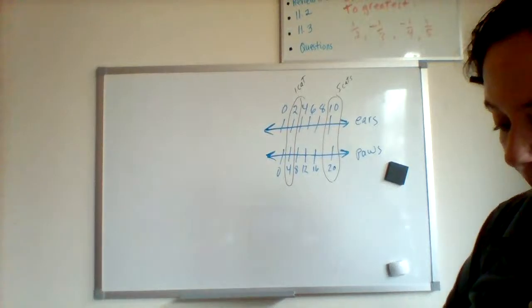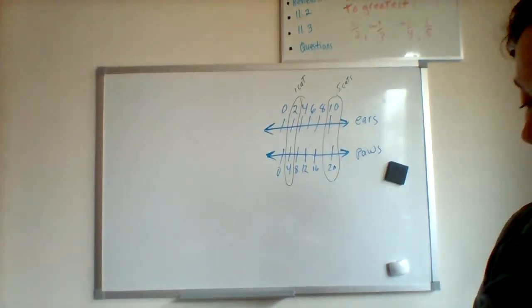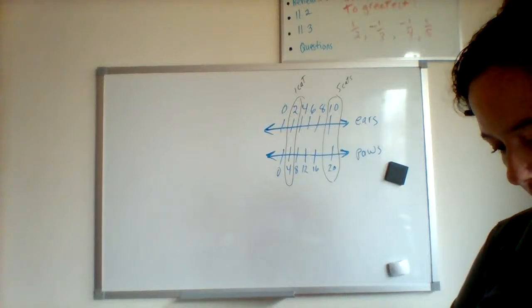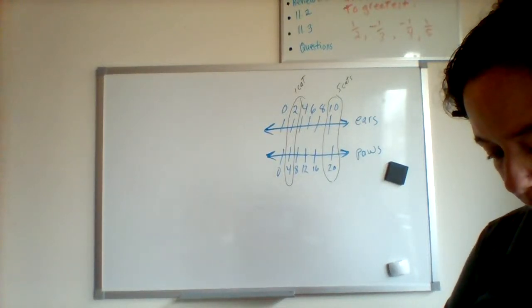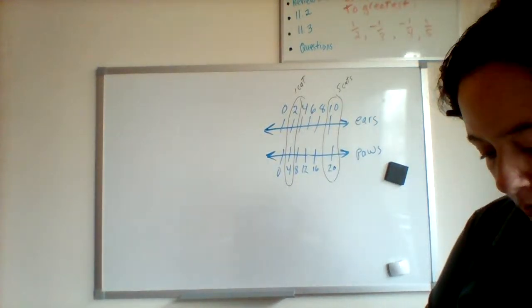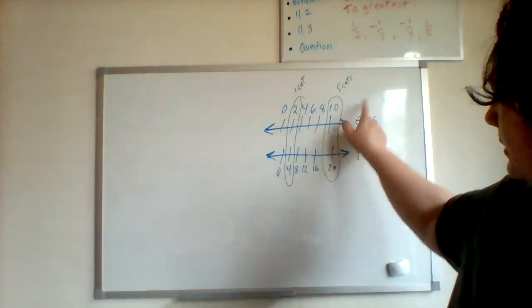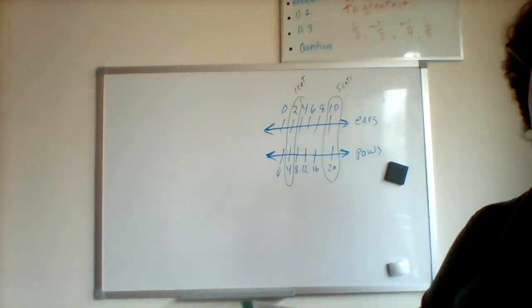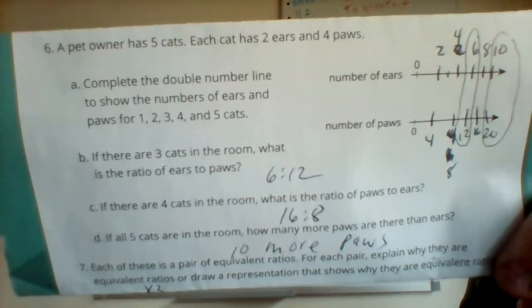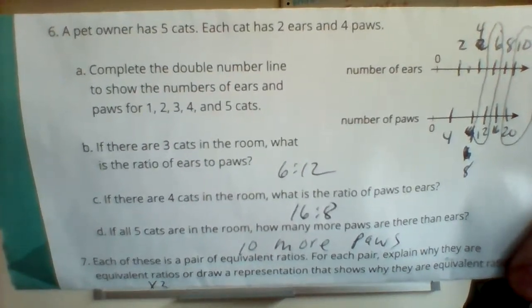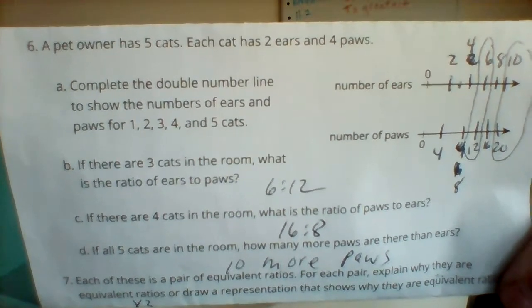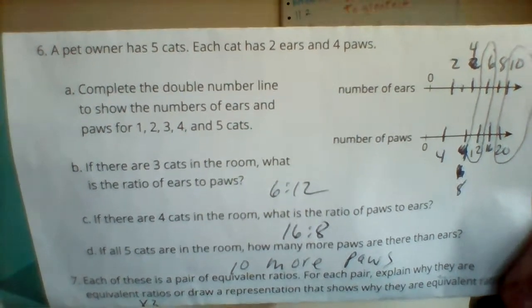Okay, let's answer the questions. A, this is your double number line, but then here's for B, C, and D. For B, C, and D, you should have those ratios, and at the bottom, 10 more paws, because it's 10 and 20.